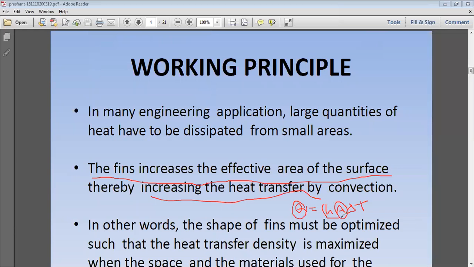This relation is used for convection. So whenever the effective area of the surface increases, the convective heat transfer increases.